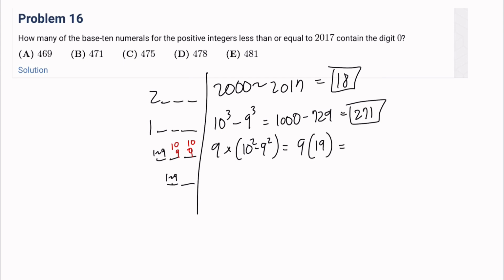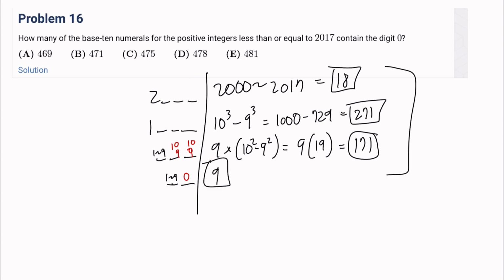Right, and so this is 19 times 9, so this is 171, and then the case with just one 0, right? So 10, 20, 30, 40, all the way to 90, and so this will be just 9.